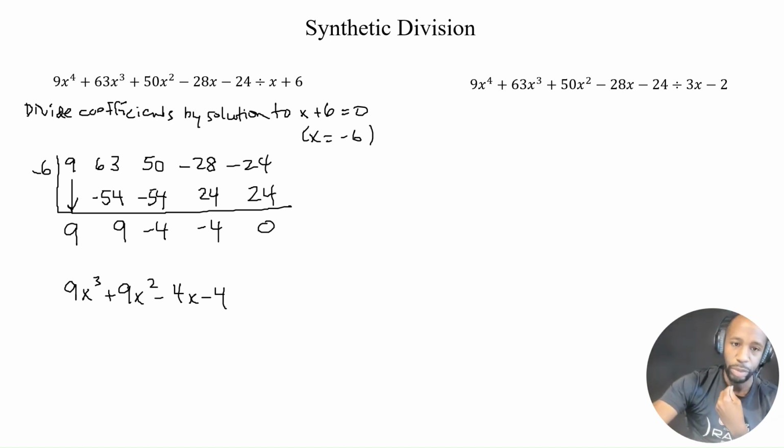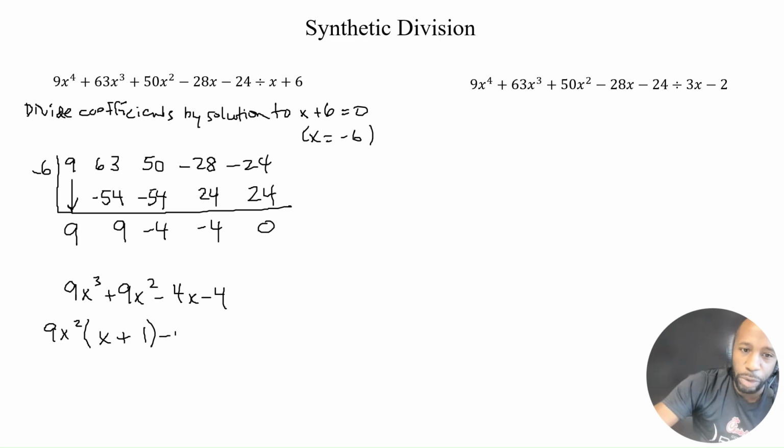So that's your final answer. Now this can actually be factored if you look at it. So let's see what we can do here. You can factor out a 9x squared. So that's going to be 9x squared, and then that's going to be x plus 1, and then minus 4x plus 1.